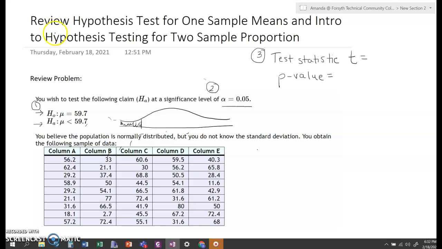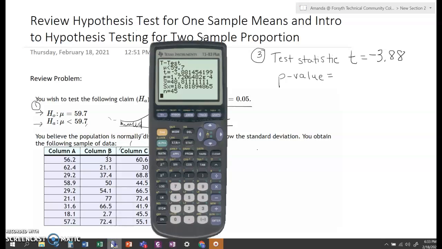Let me put that in. Negative 3.88. And that means it's almost 4 standard deviations below the mean, which is really far. So our p-value should be very small.